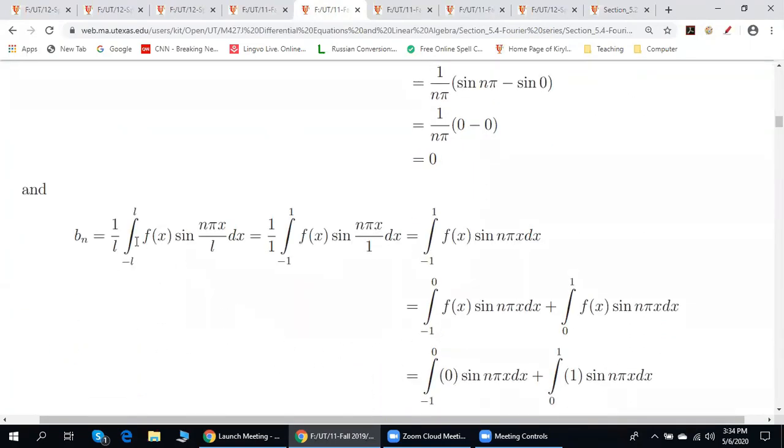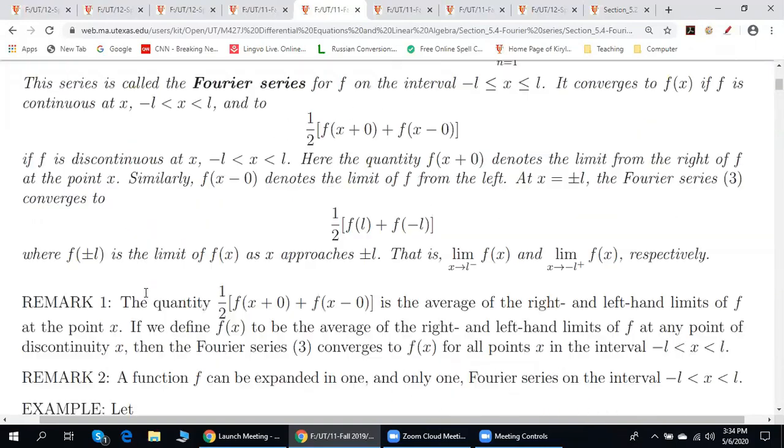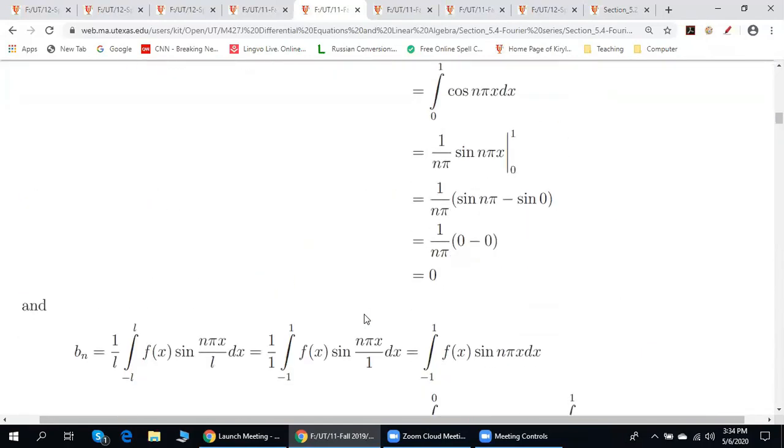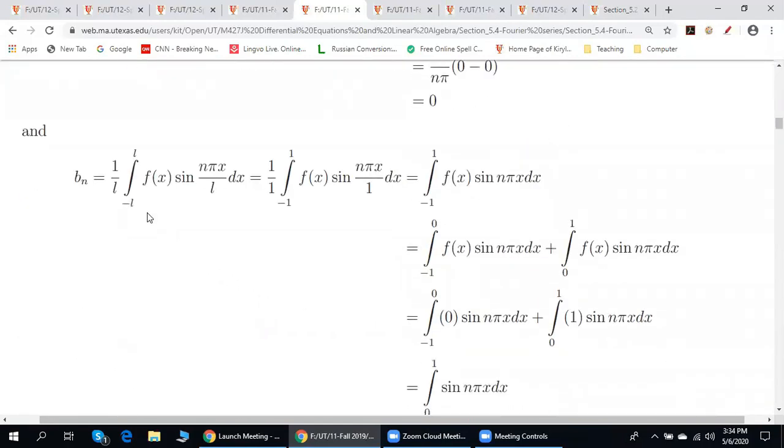Similarly, here is the formula for b_n. We copy it from the theorem. In this formula, as before, we replace all L by 1. We simplify. We split this integral into two pieces. We replace f of x by 0 here.